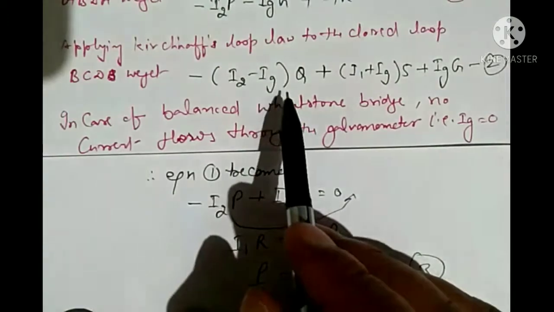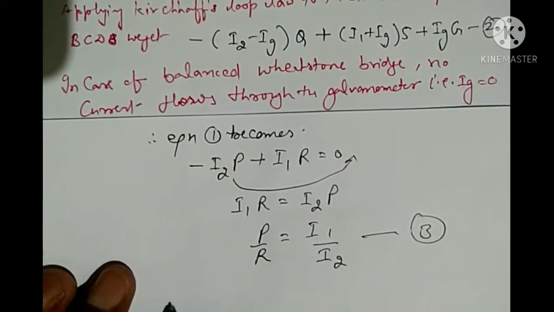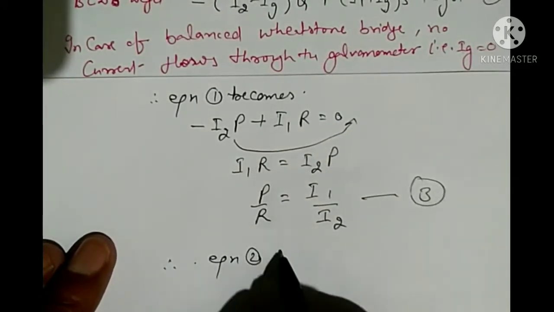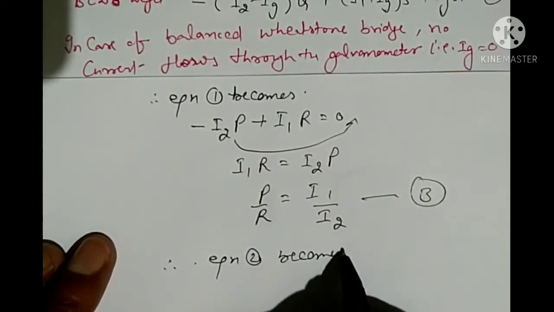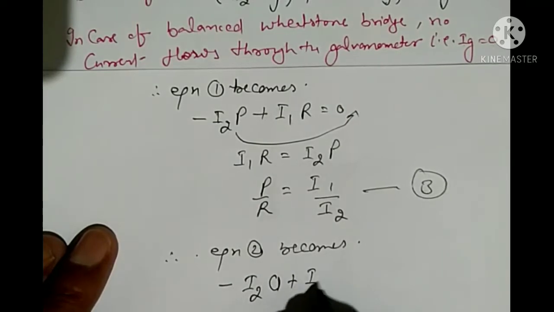Now put Ig equal to 0 in equation 2. So equation 2 becomes minus I2 Q plus I1 S equal to 0.